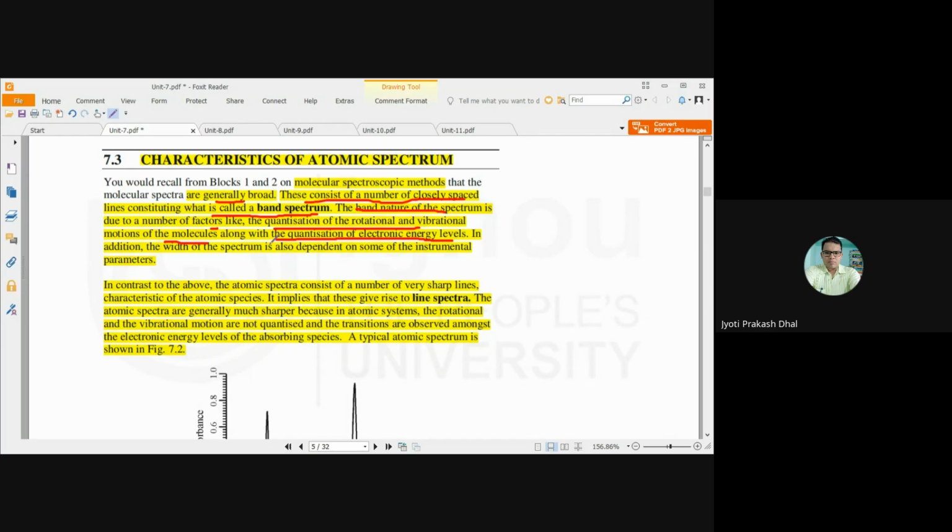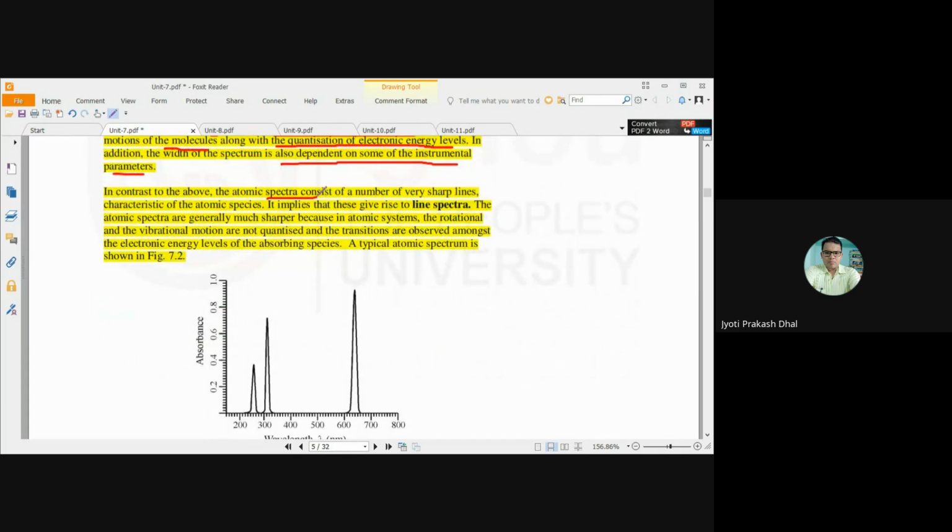In addition to that, the width of the spectrum also depends upon some instrumental parameters. But in case of atomic spectra, the spectra consist of a number of very sharp lines. So if the atomic samples are there, the spectra contain very sharp lines, and that is the characteristic of atomic species.